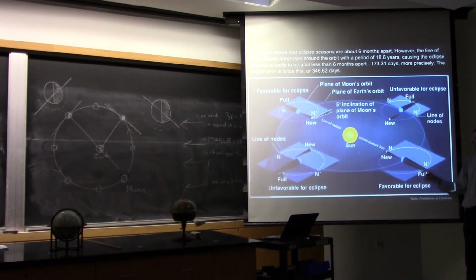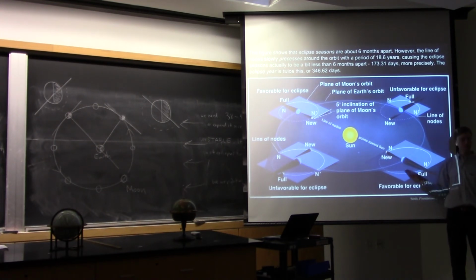And so back in 2017, in August, there was a total eclipse of the sun. If there was no regression of the line of nodes, and it was the way it was back in 2017, then every year in August there would be a chance of an eclipse of the sun and eclipses of the moon as well.